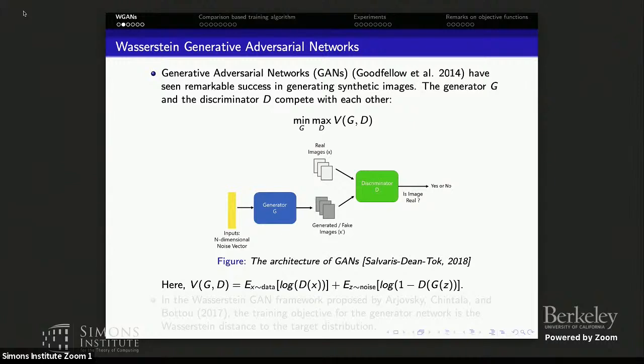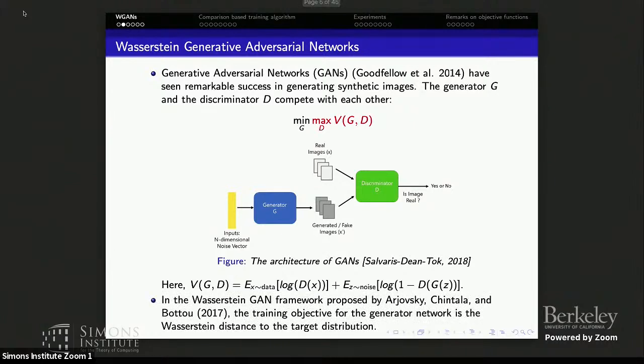So this is the basic idea of GANs. And in the Wasserstein GAN, the red part here, the maximum over the discriminator D, is the Wasserstein distance. So more precisely, our training objective here is the Wasserstein distance to the target distribution.